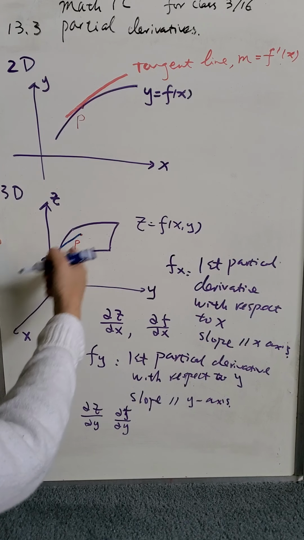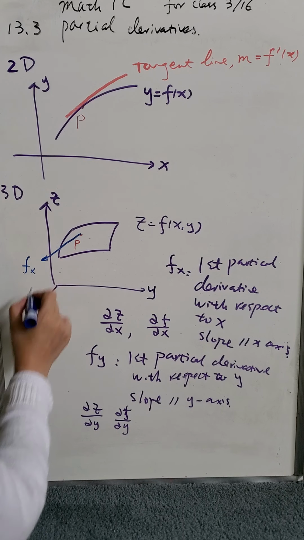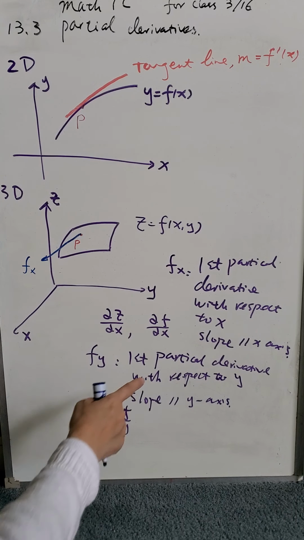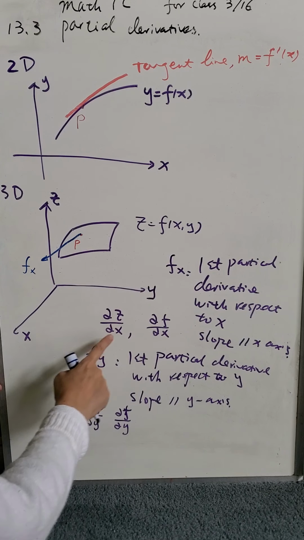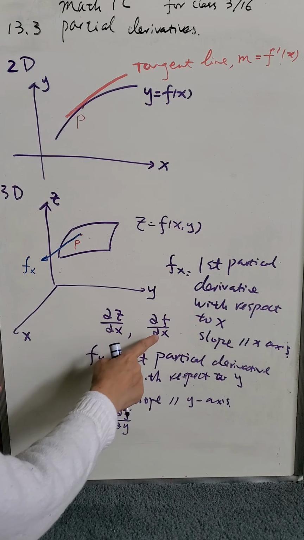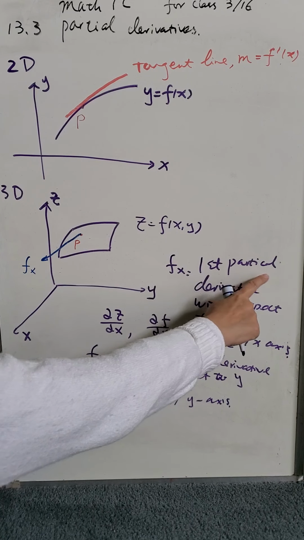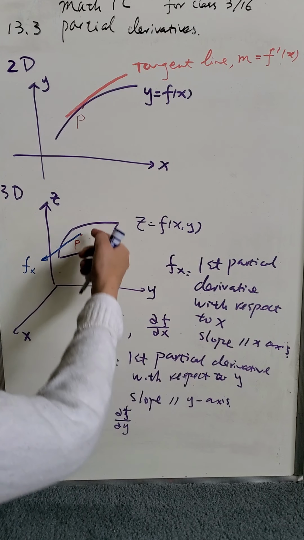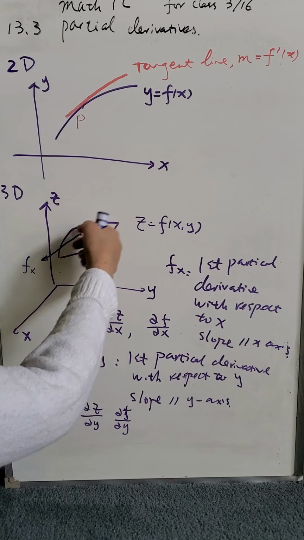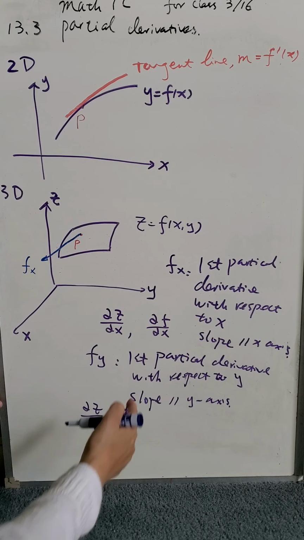I do my best. So this is parallel, so that is f of x. We use the notation f sub x, or del z to del x, or del f to del x. This is the first partial derivative with respect to x. It's also the slope parallel to the x direction, to the x-axis.